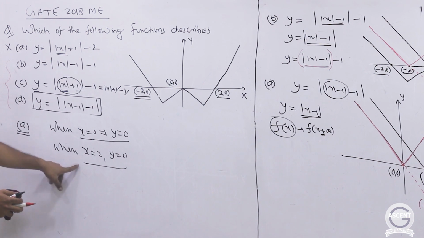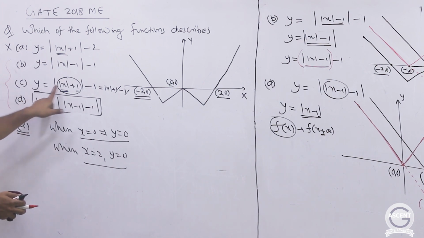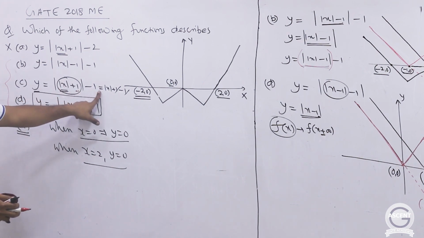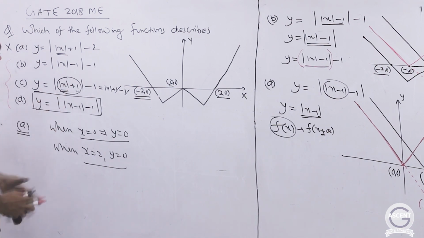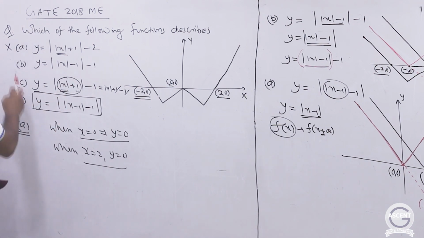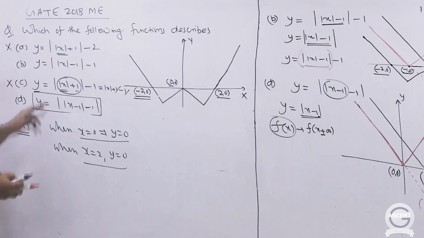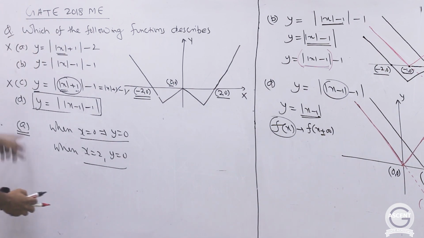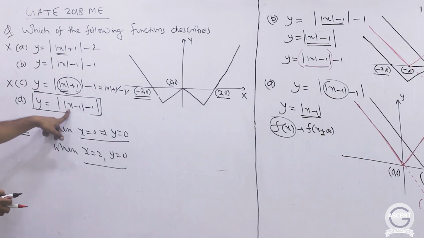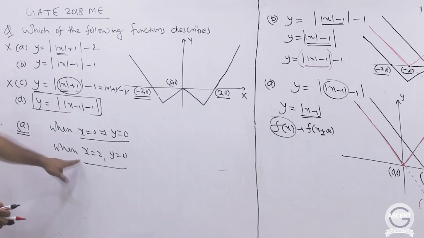So this is satisfying this point. Option C, 2 plus 1, 3, 3 minus 1, 2. So when x is 2, the value of y that we are getting from here is 2, and therefore this option C is incorrect because it is not satisfying the coordinate of this point (2, 0). Now comes option D. If I place x equals to 2 here, 2 minus 1, 1, 1 minus 1, 0. So now B and D both are satisfying this second point.